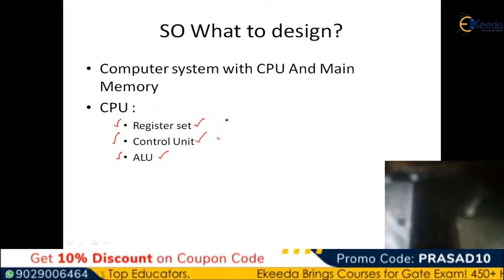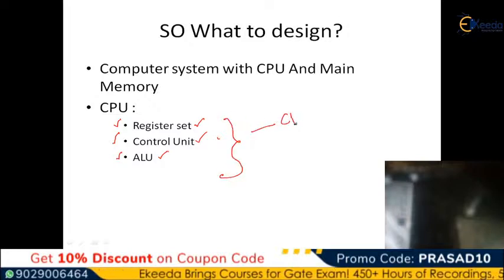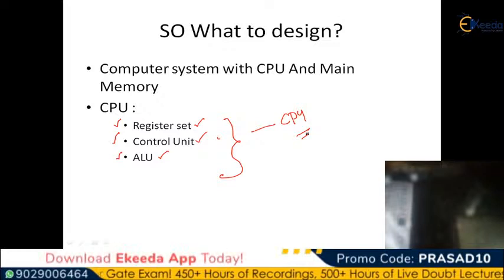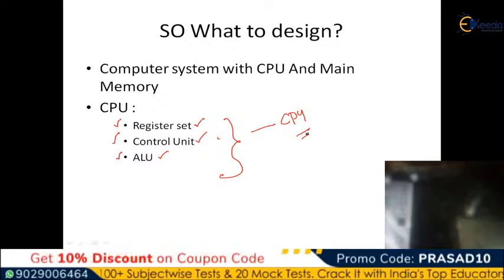Altogether, collectively, we are going to design a CPU. All these things together will constitute something called a CPU. Now, in this session, we are going to focus on designing the register set, because CPU is going to hold three major components.